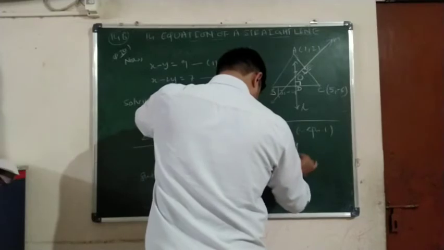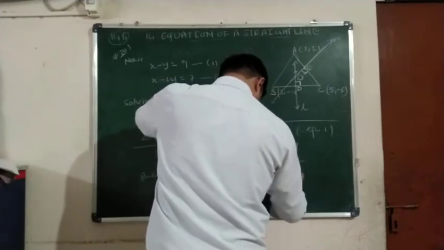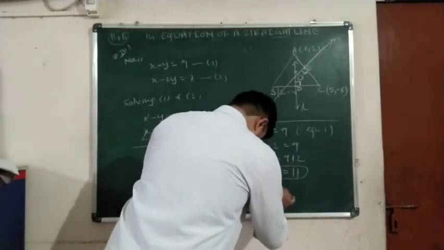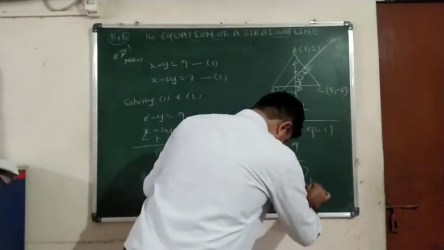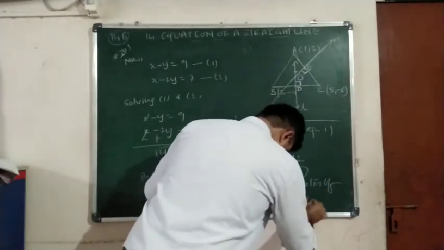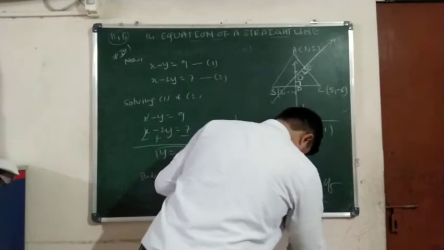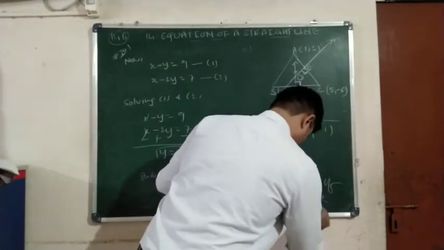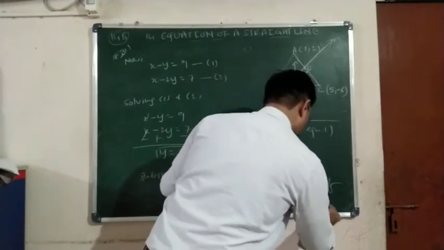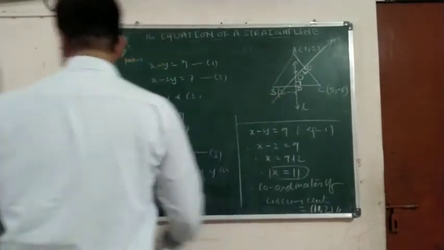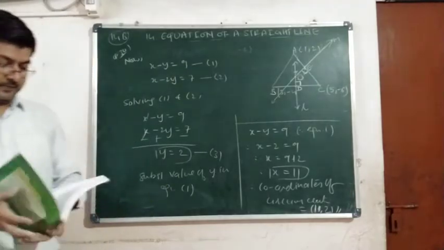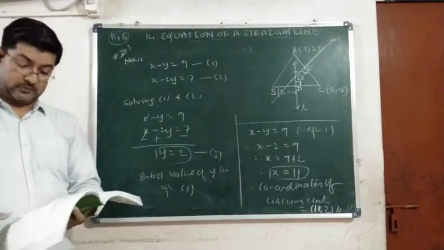Therefore x is equal to 9 plus 2, therefore x is equal to 11, and therefore the coordinates of the circumcenter are (11, 2). This is the final answer, (11, 2). Okay, so we have completed question number 30.